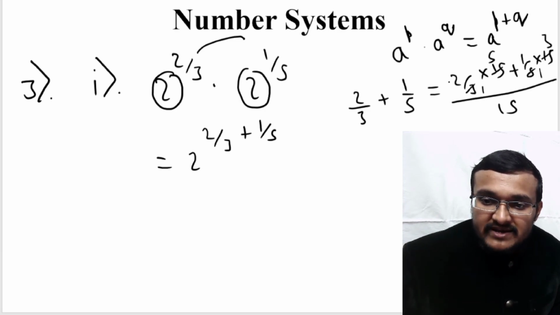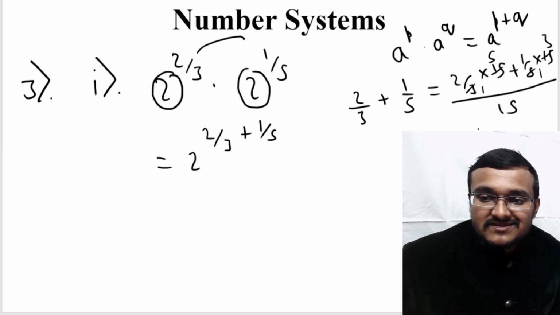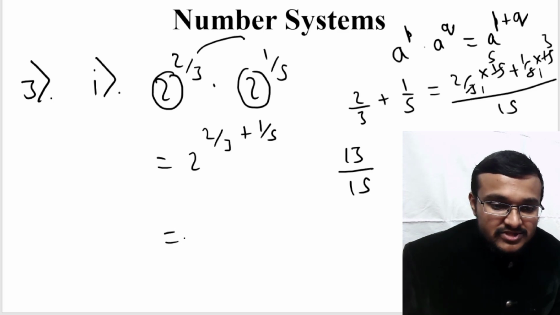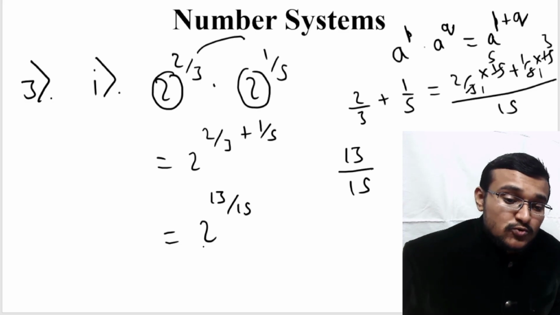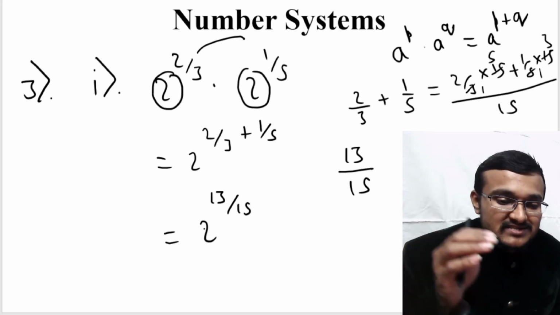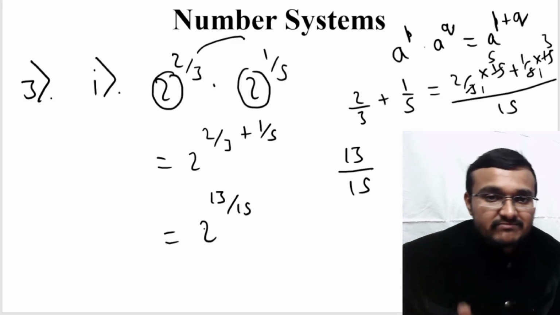So 3 5s into 2 is 10. So 10 plus 3 is 13. So that is nothing but 13 divided by 15. So that means here you have 2 power 13 by 15. So this is the 15th root of 2 whole power 13. Or you can simply tell this as 2 power 13 by 15.